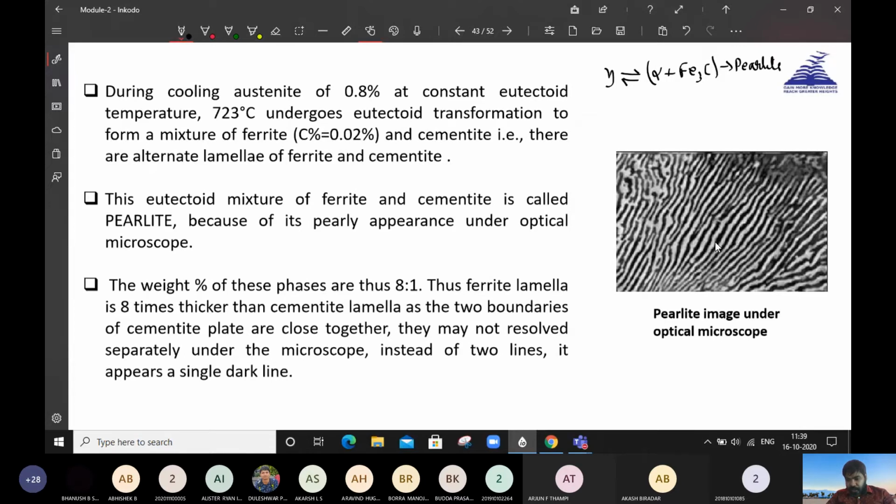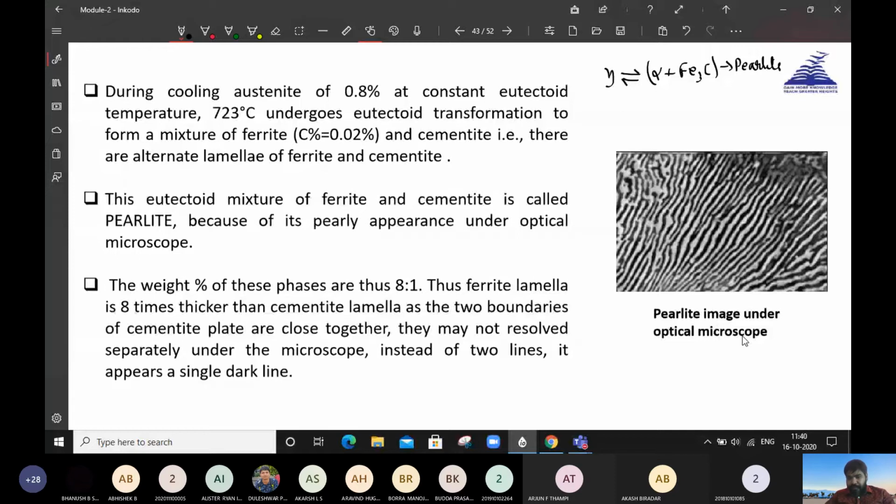When you take a eutectoid alloy consisting of 0.8% carbon, heat it in the gamma region and cool it, the gamma will give you alpha plus Fe3C. This is how alpha and Fe3C look under an optical microscope.